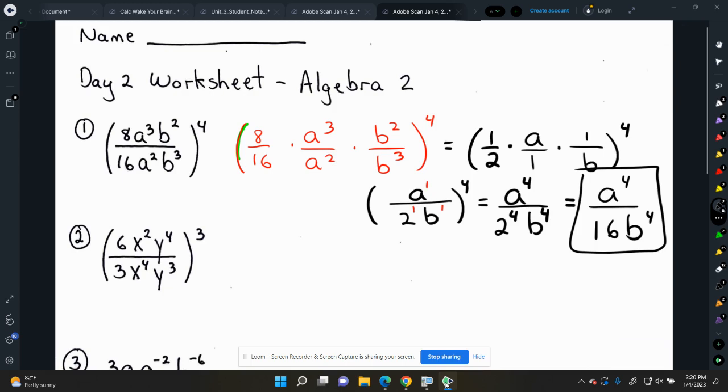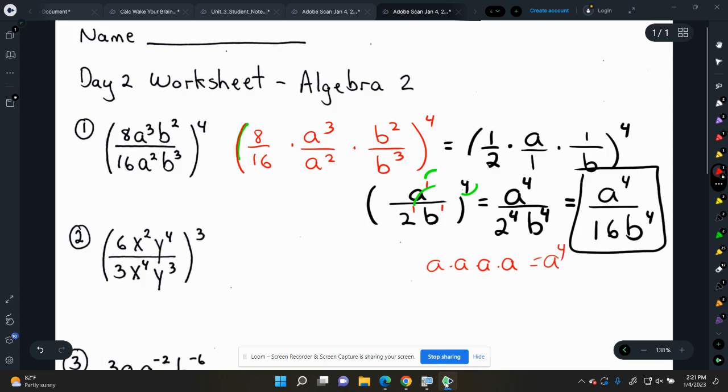The last thing we did was we took this 4 and we distributed it and we multiplied all the exponents times 4. Okay? Because this 4 means to multiply it times itself 4 times. So if I have a times a times a times a, what is that? That's a to the 4th. Okay? All right. Let's look at the next one.